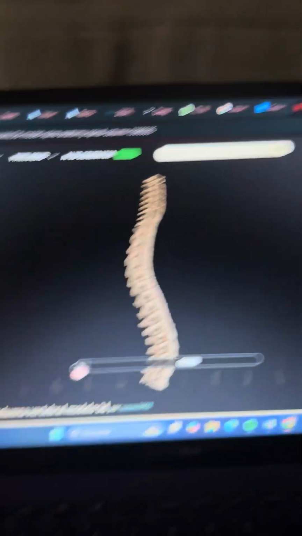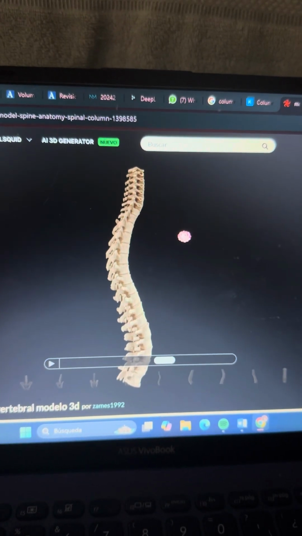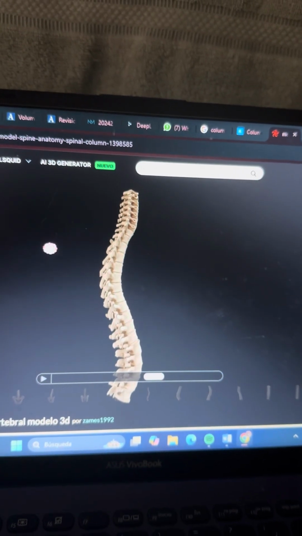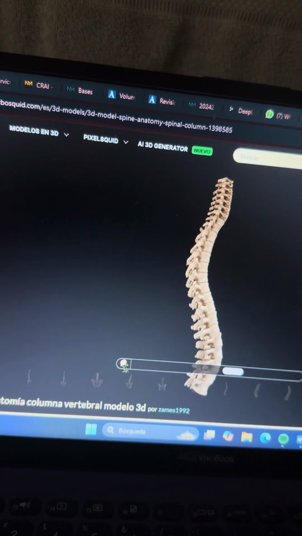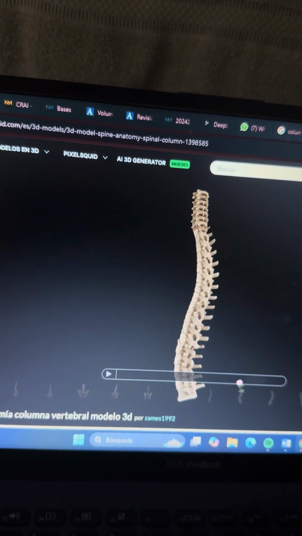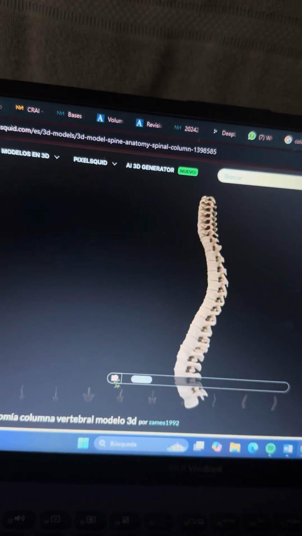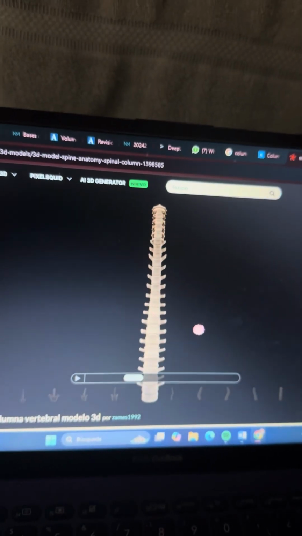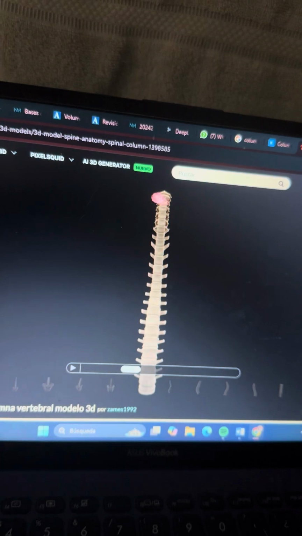Movements in the spine: anterior flexion, posterior extension, lateral flexion, and rotation.